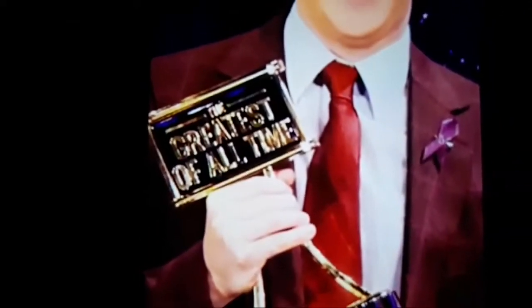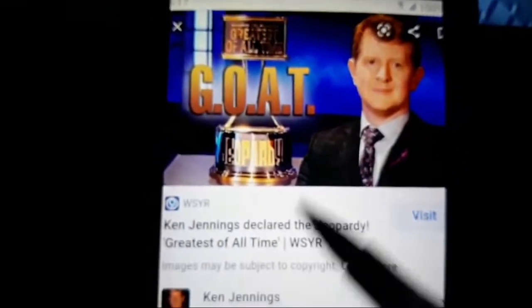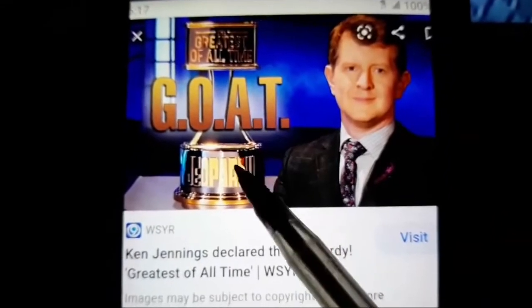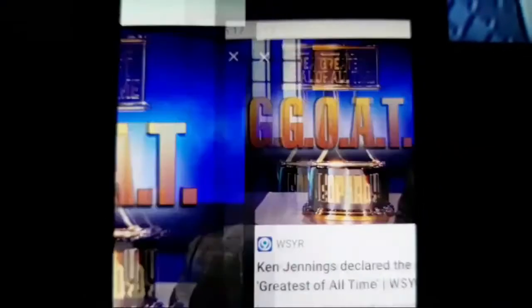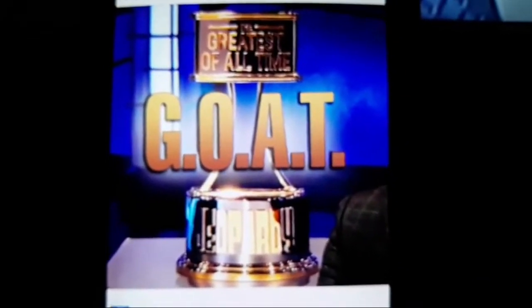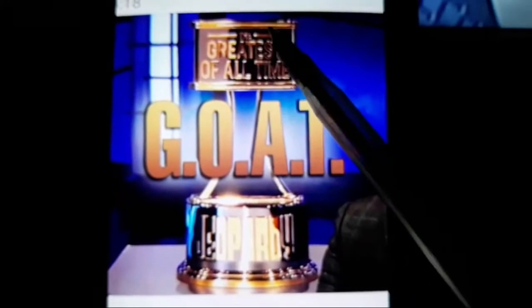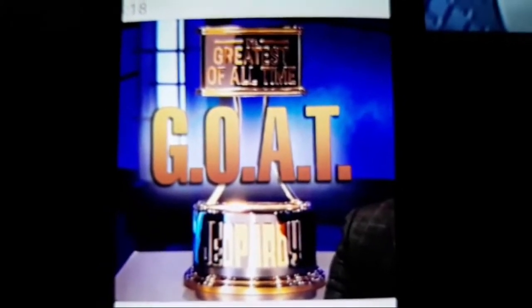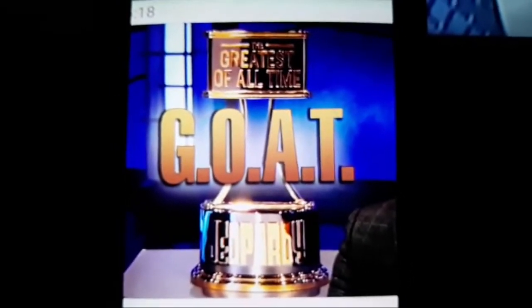And the show is called Jeopardy. You know, Trebek, and you see how it's shaped. This trophy is shaped in the shape of a needle. I mean, the Space Needle, because I told you Elvis is going to hover above the Space Needle after he shoots through it. And because Elvis is the GOAT, you understand?